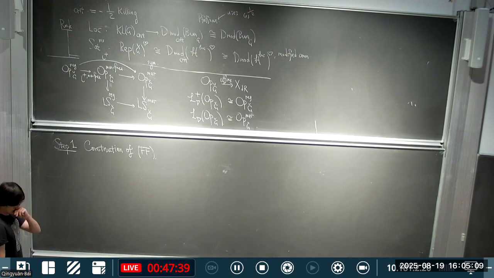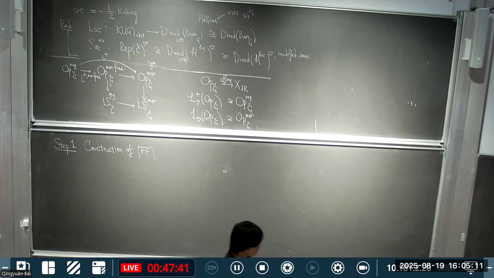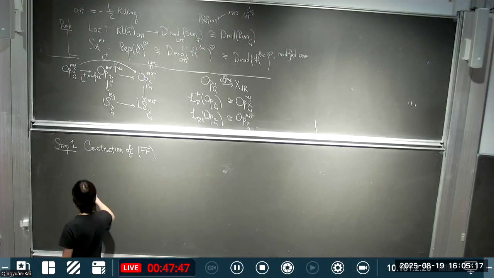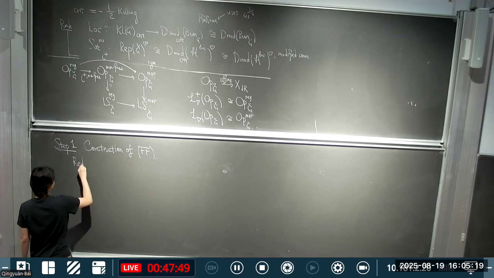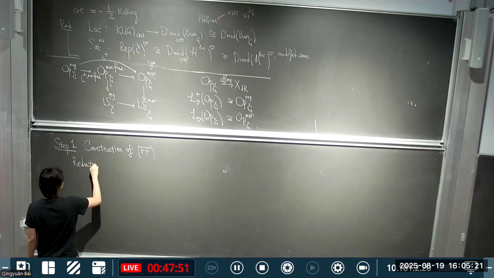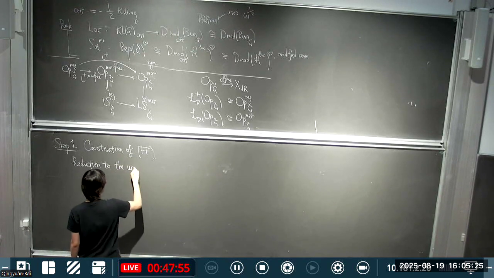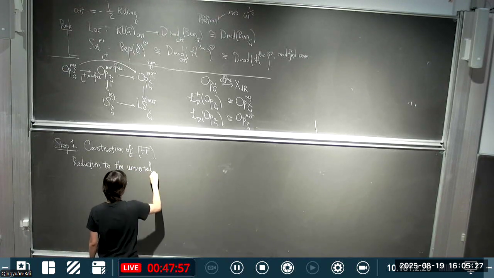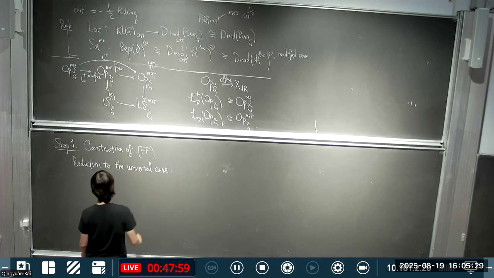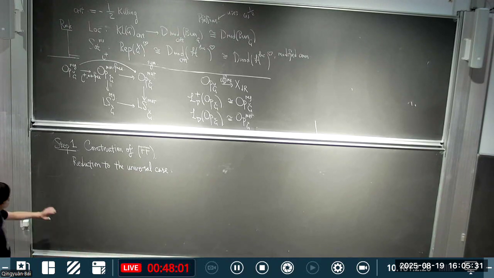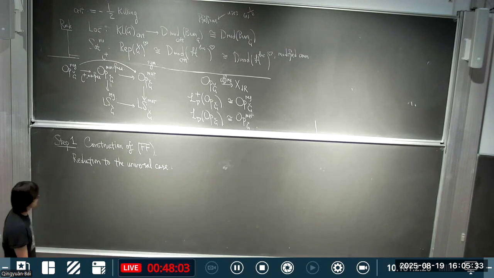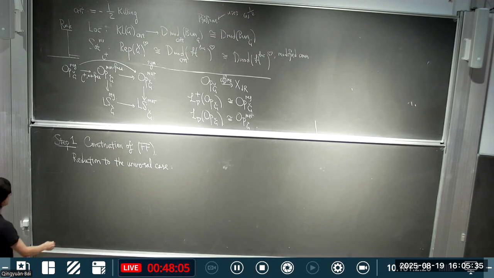All right. Thank you. Let's construct the Feigin-Frenkel isomorphism. So this will be reduced to what I would call the universal case. Let me explain how this technique works. It's a general technique in this subject, so it's helpful to know.